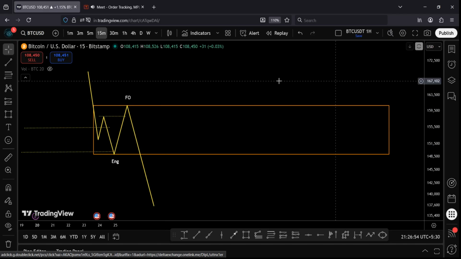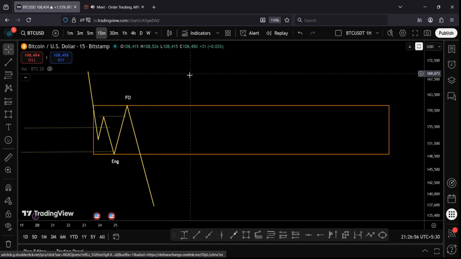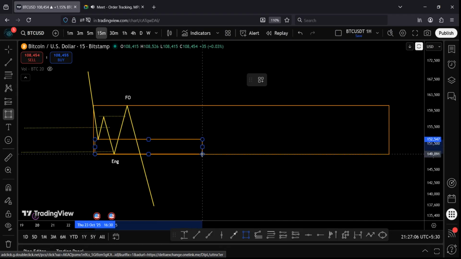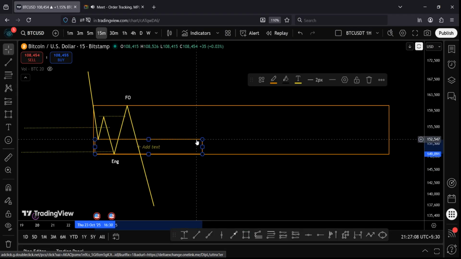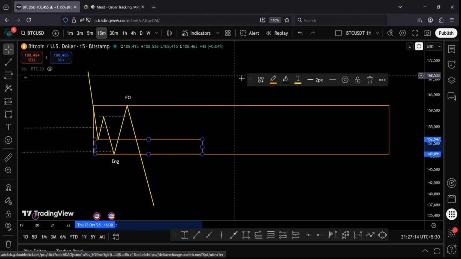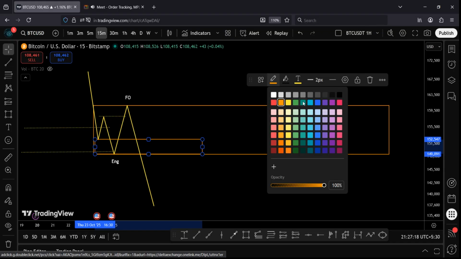Okay, so what happened here? Price came here, so here to here. If you know about the basic QM structure as we discussed in the first session, this is like the QM, this is like a bullish QM. Let's change the color.